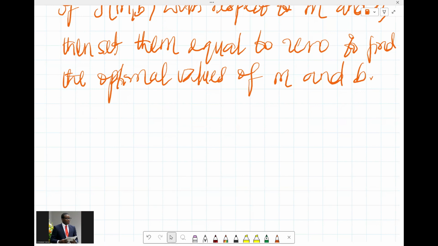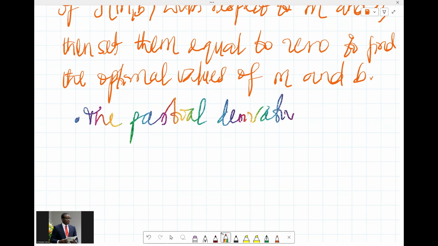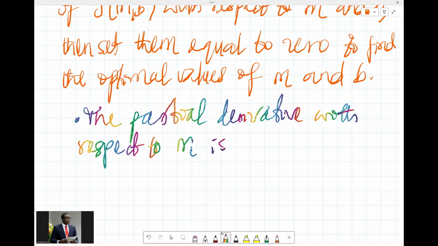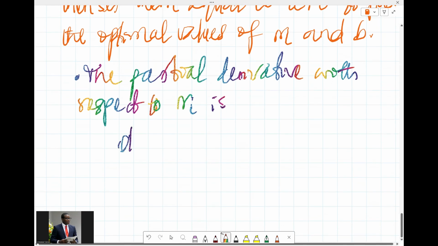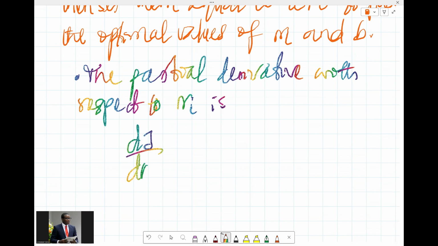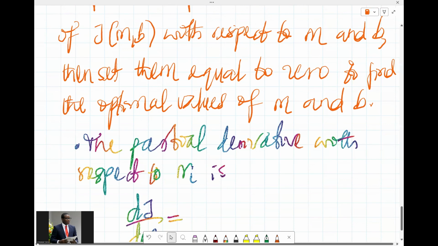So the partial derivative with respect to m is partial J, partial m, which is equal to, we are differentiating this expression with respect to m.